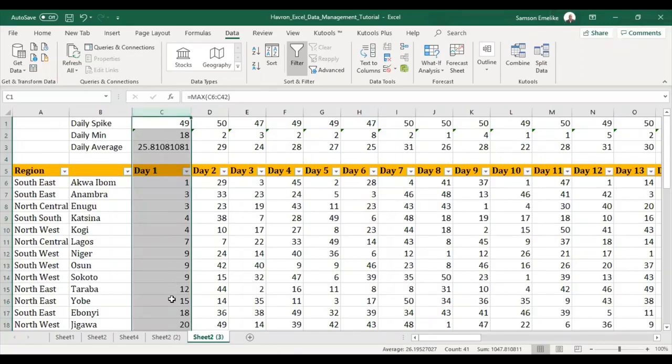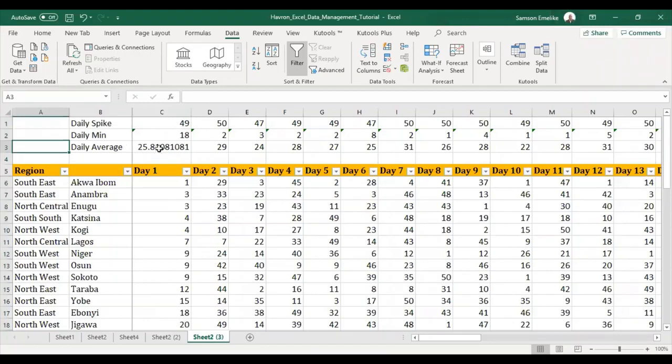It can be ascending or descending. So I just want to bring that to our notice so that you will not run into problems. When we come to that, we'll be able to find out which state has the highest spike, which state had the lowest infection, and then of course, average, which is for everybody.